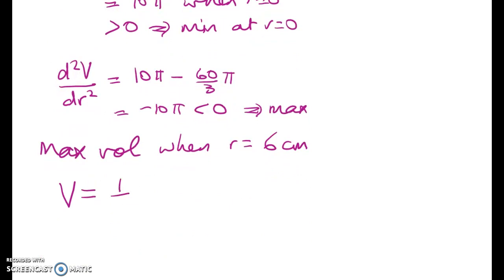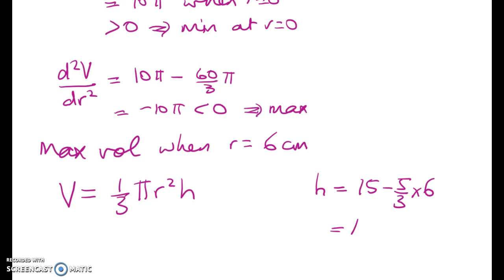So V is equal to 1/3 pi r squared h. What was h? h was 15 minus 5/3 r. So that's 30 over 3. So that works out to be 5. So height is 5 centimetres, and the radius is 6 centimetres.